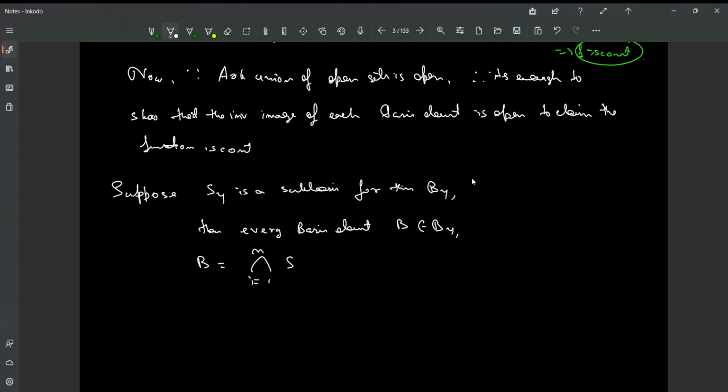That is, B is the intersection over i equals 1 to n of S_i, such that each S_i is in S_Y. But then what is f inverse B? f inverse B is basically the intersection over i equals 1 to n of f inverse S_i.